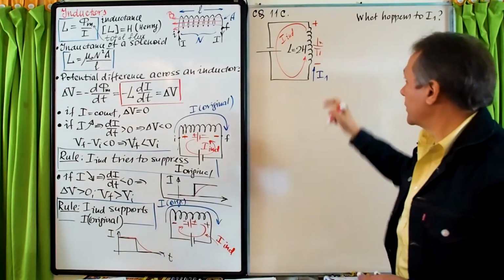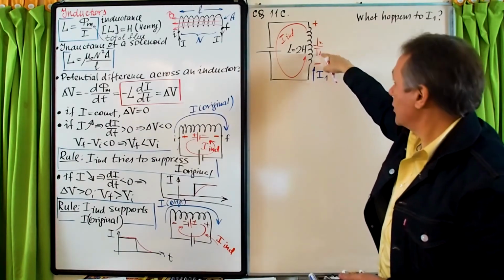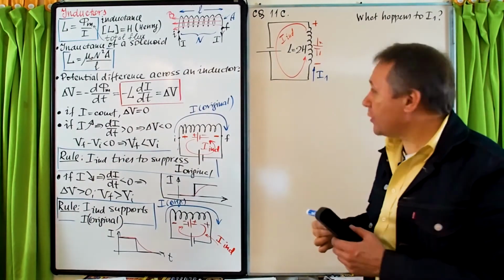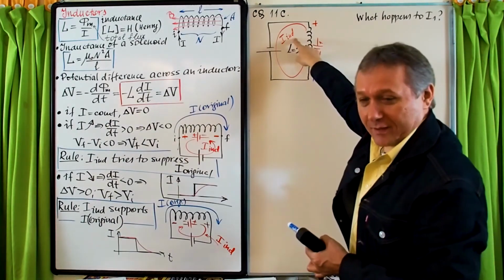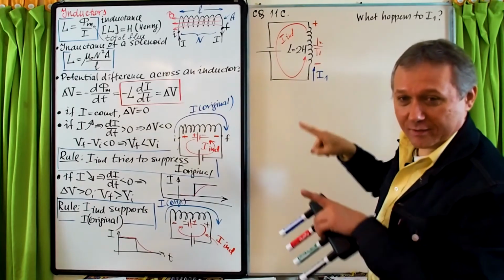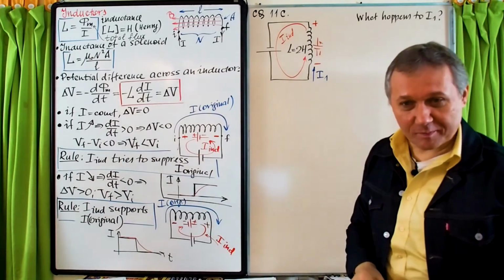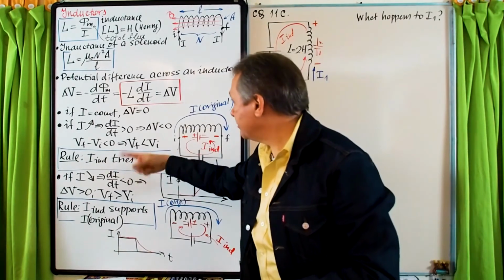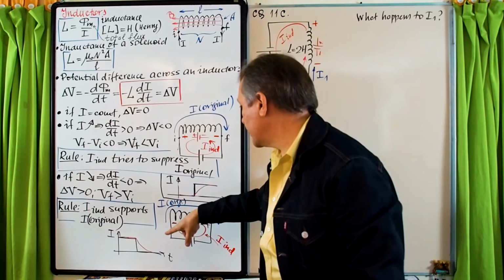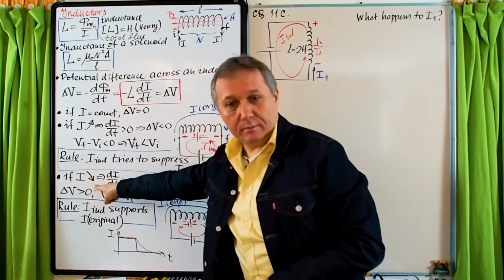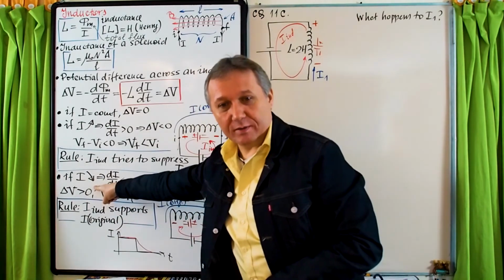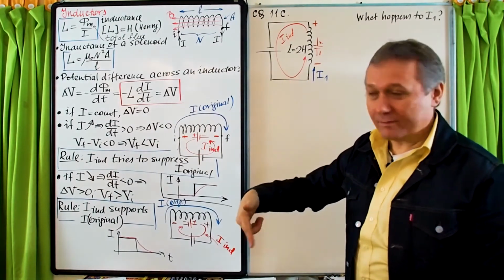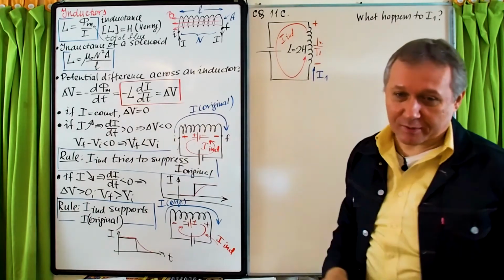Because again, here plus minus, so the current will flow this way from plus to minus. So now you see that the induced current and original current directions are the same. If the directions are the same, it means that our original current is dying. So I1 is going down in time, because I induced is in the same direction as the original current.